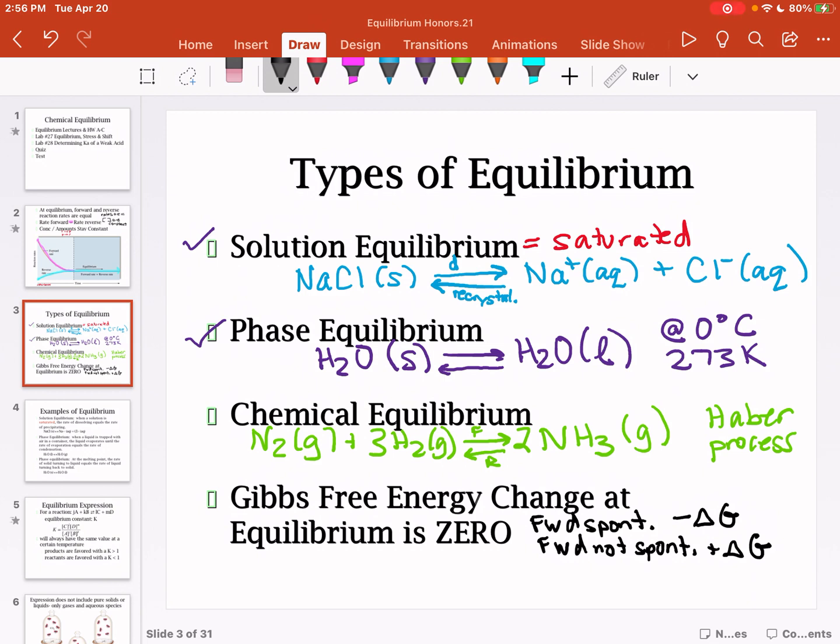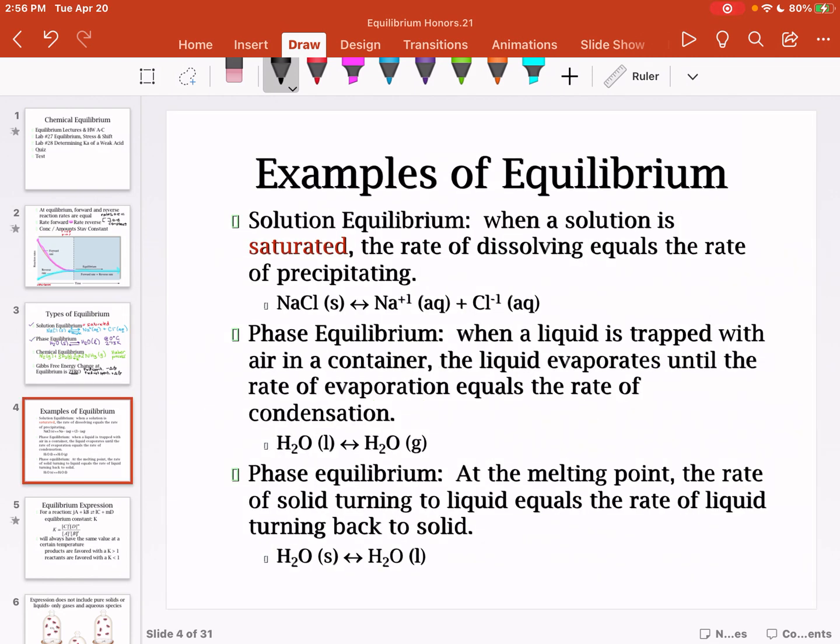So it is happening, so we could say it's spontaneous, but it's not because it's also being undone. So it's not negative, it's not positive. Our delta G at equilibrium is going to be equal to 0. What other number is not positive or negative? So let's consider some of those examples that I already discussed. And so here you have it formally written down as notes.